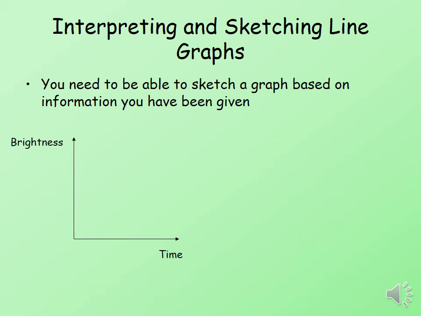Okay, so here's another question asking you to sketch something, and here the situation is that it will show a security light's brightness as it flashes continuously. Okay, so the keyword there is it flashes, so that means it would be off at certain points and then on again very quickly.